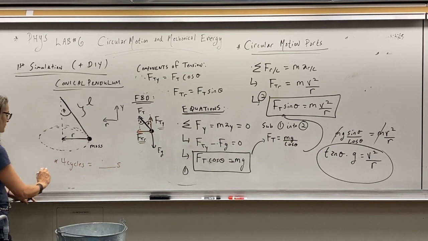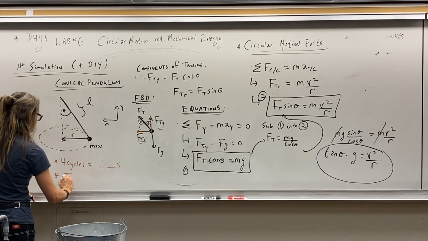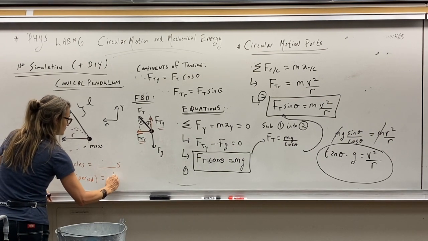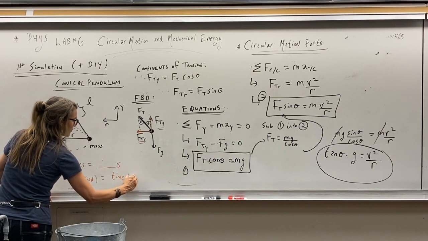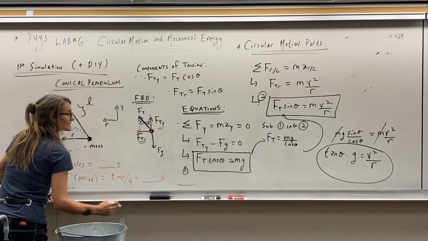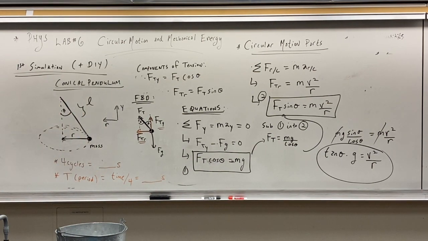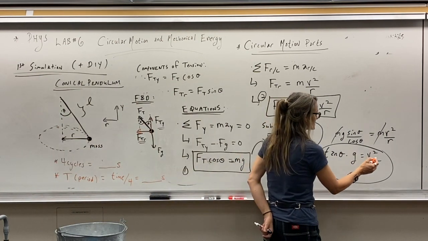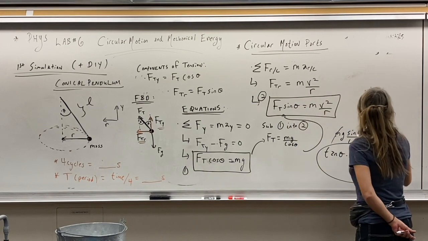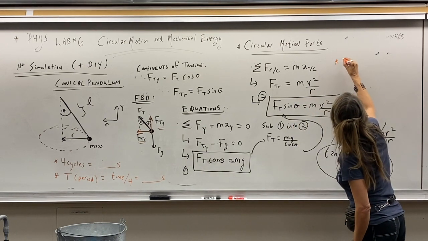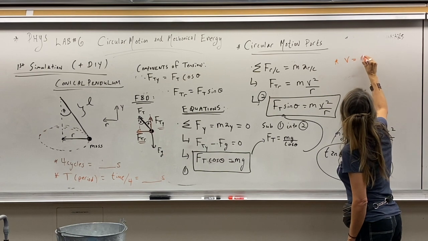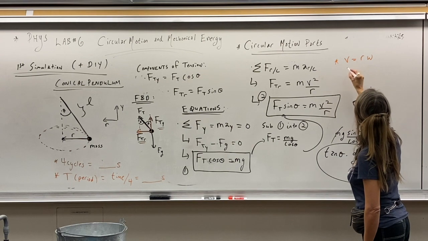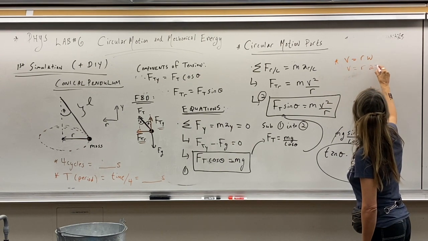And then we can find the period of oscillation, T, our period, will equal the time divided by 4, and we'll get so many seconds, okay? And by timing this, that will give us some information to help us find our v value. So here, what we do note is that v, if you recall, is equal to r times omega. Okay, this is how we relate linear velocity to angular velocity. v equals r 2 pi over T.